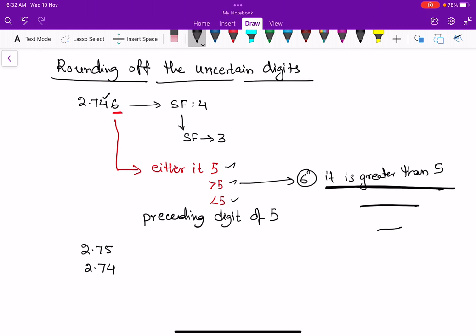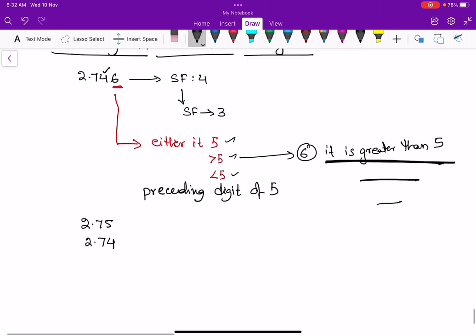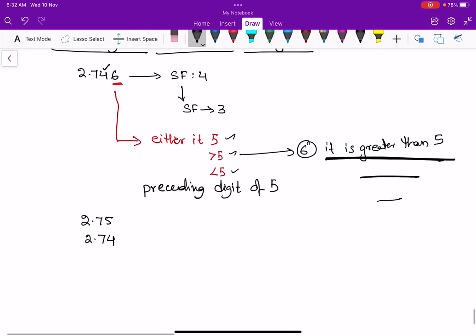Now for the second one, 2.742. What do you do? It is less than 5, right? Simply you cut it and write 2.74. Okay.